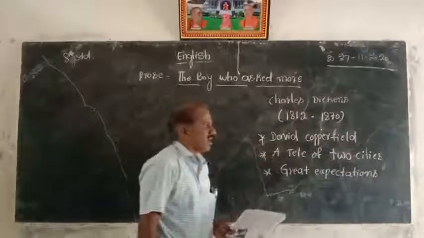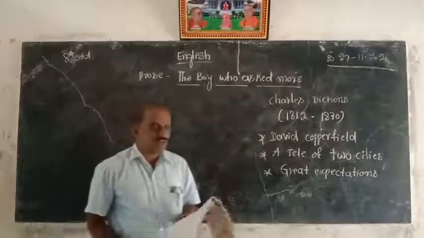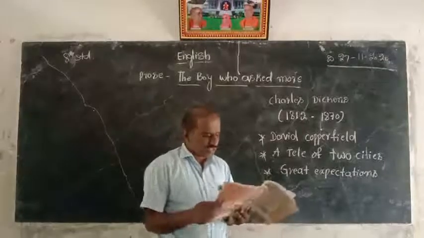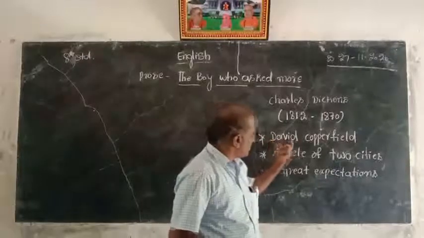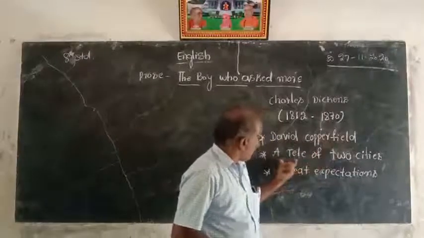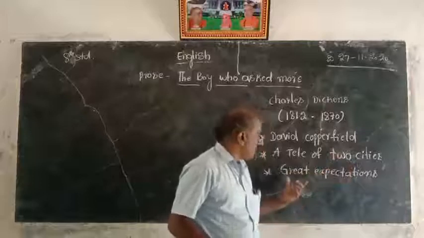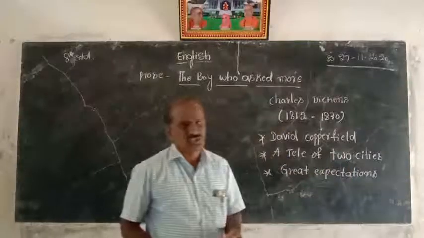So these are the main works of the author Charles Dickens. One is David Copperfield, A Tale of Two Cities and Great Expectations.